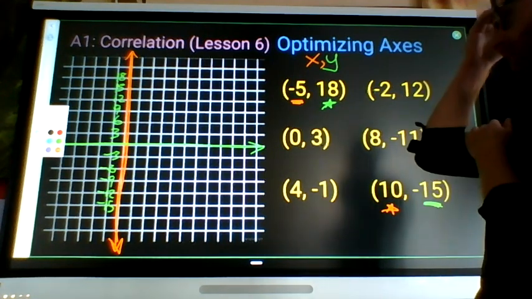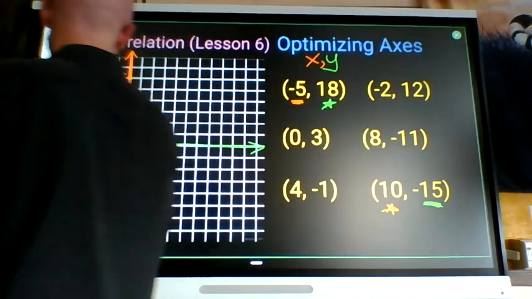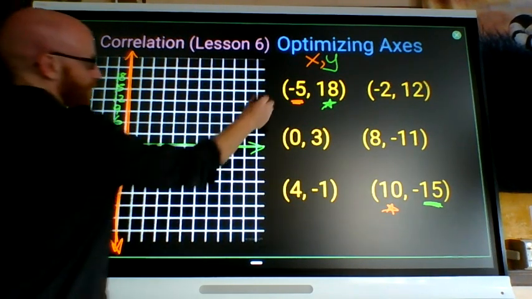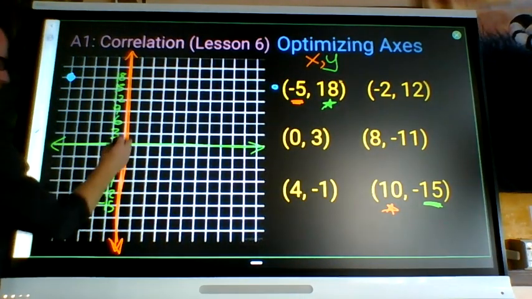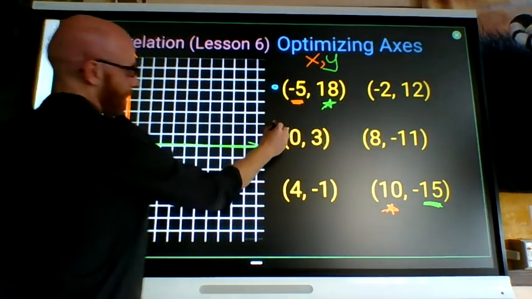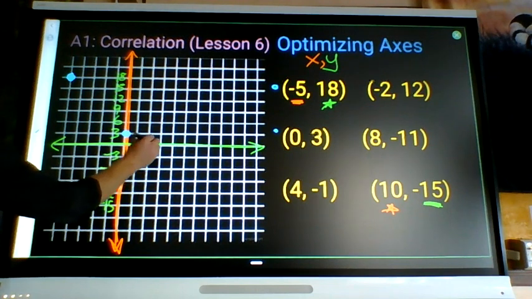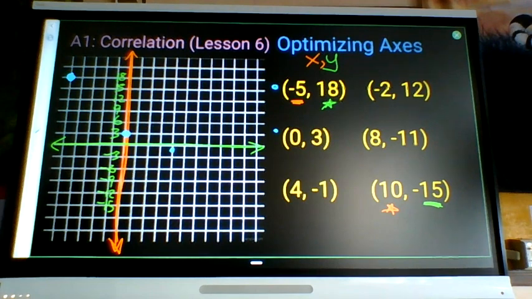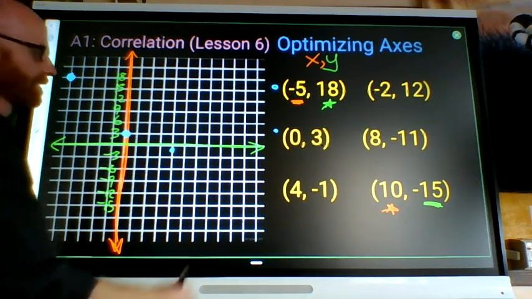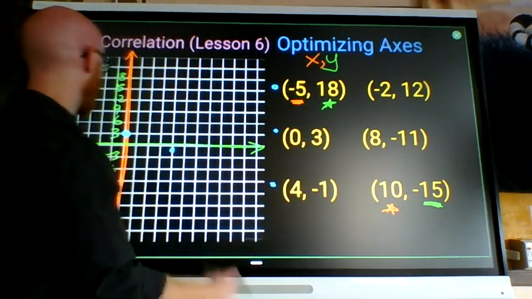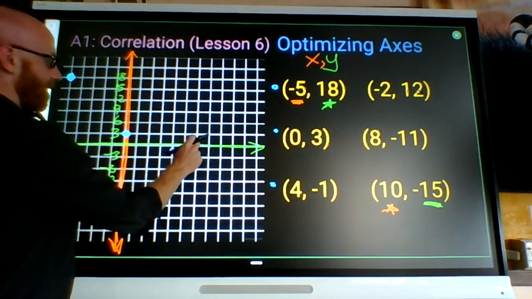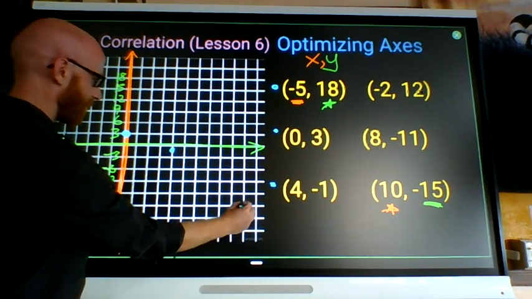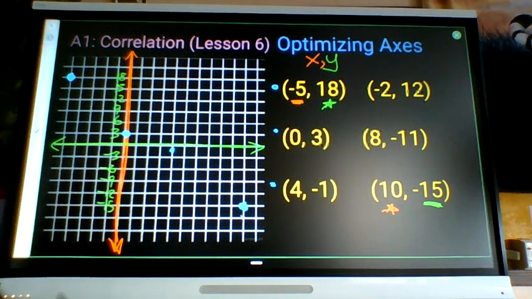Put these 6 points on the graph. So -5, 18, go right there. 0, 3, go right there. 4, -1. Okay, -1 is a little ways down, a little less than halfway to -3. 10, -15. 8, -11.